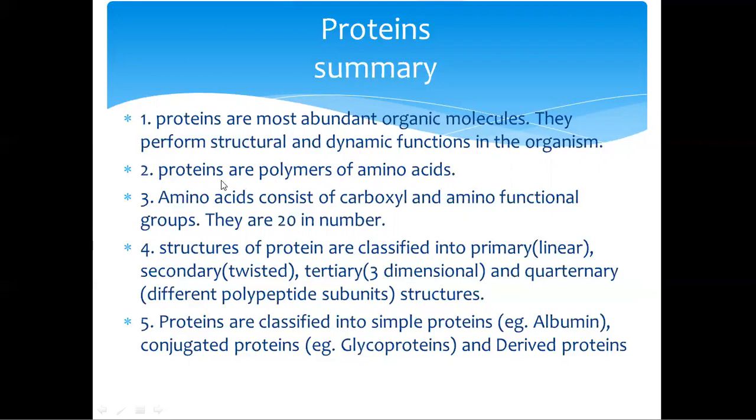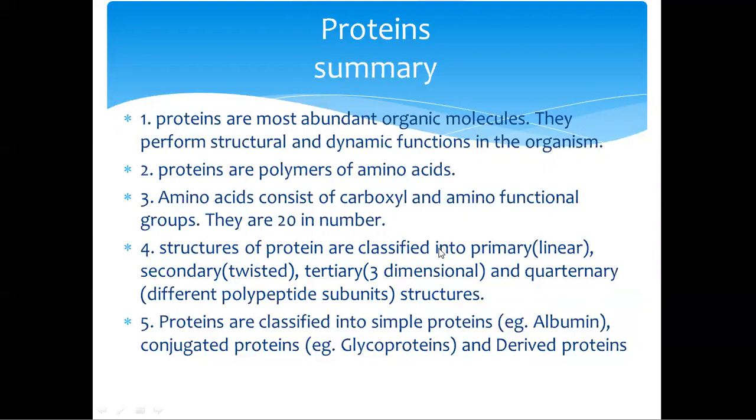That's why these are large macromolecules present in the cell. Amino acids contain an amine group and a carboxyl group. We have 20 amino acids in our body. There are four basic protein structures: primary, secondary, tertiary, and quaternary.